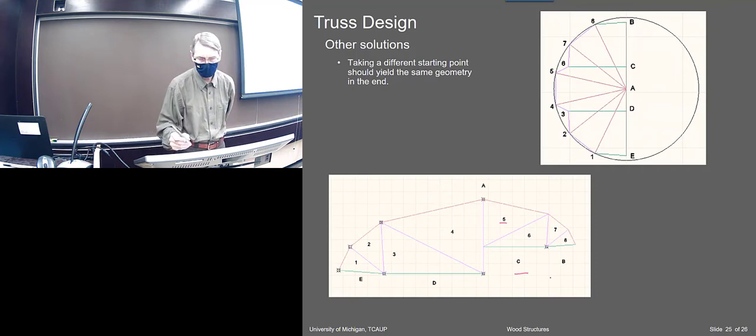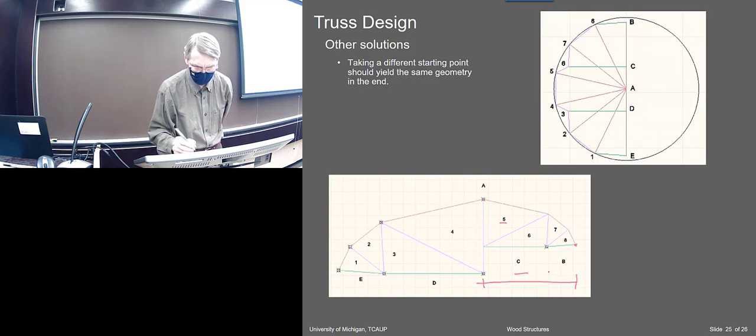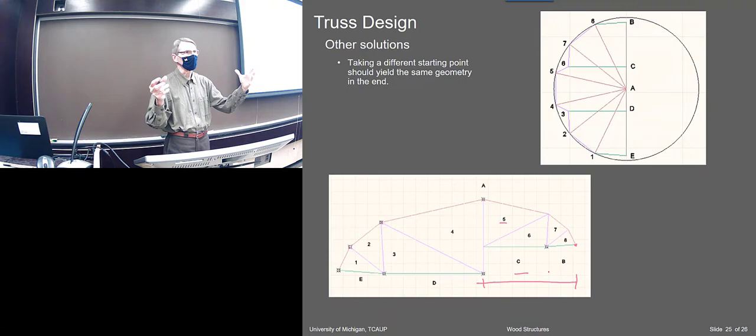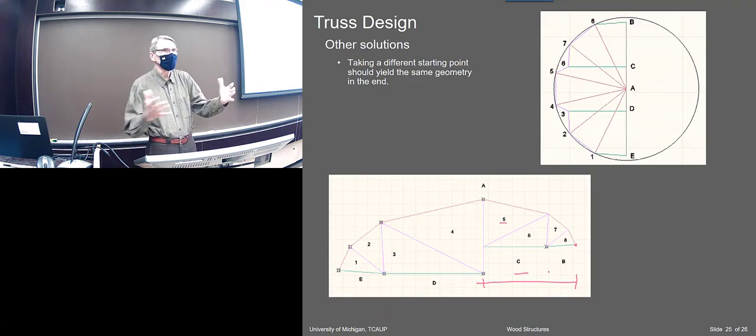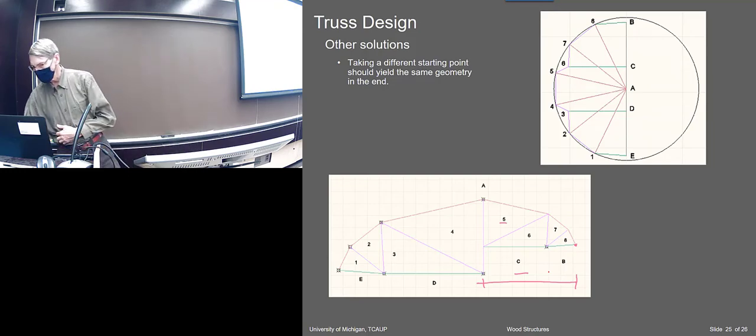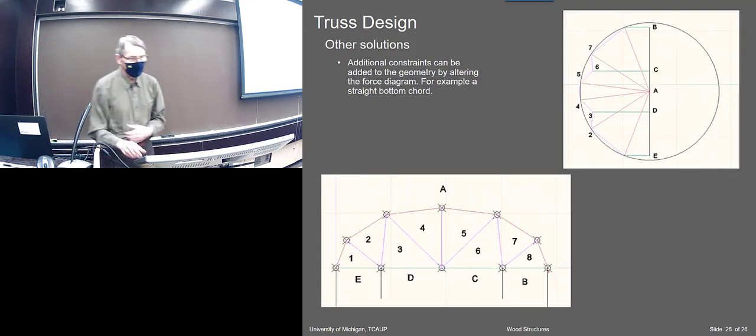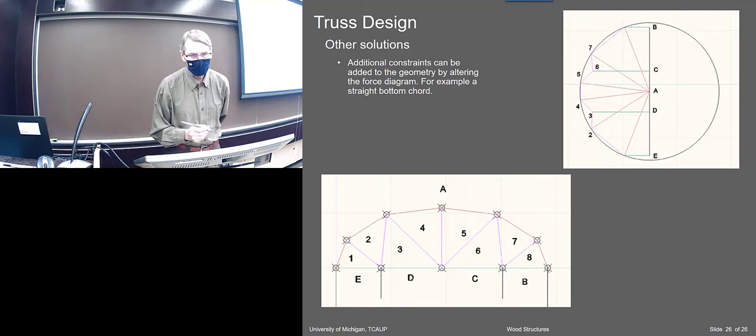So once you get it, then you know what the length was supposed to be, and you can just scale it to the proper length. It just scales. But it gives you the correct shape, and you could change other things.